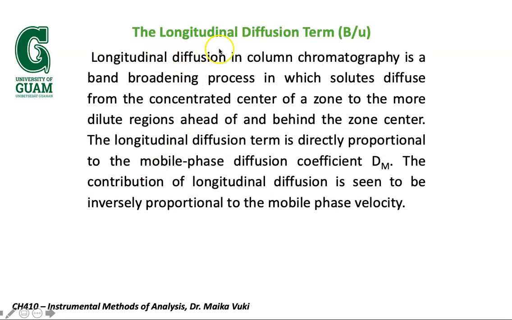Now the longitudinal diffusion term, that's B over u, is a broadening process as well. Solute diffuses from the center of the zone to more dilute regions, either ahead or behind that zone. And the longitudinal diffusion is directly proportional to the mobile phase diffusion coefficient.